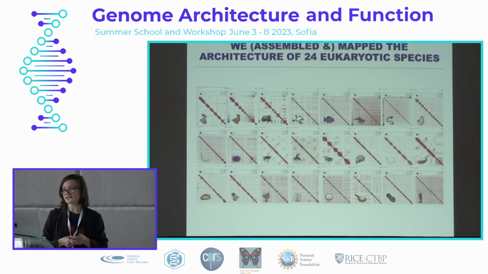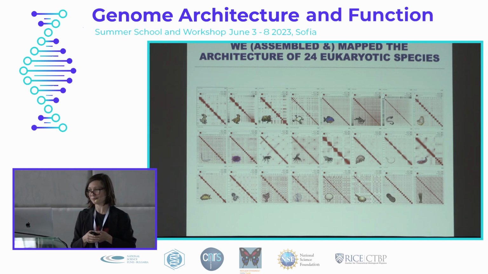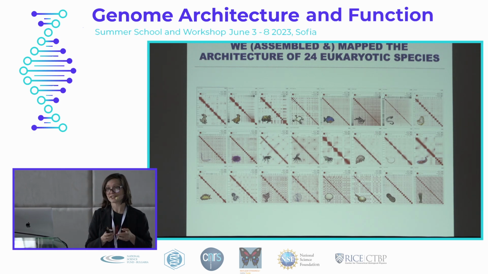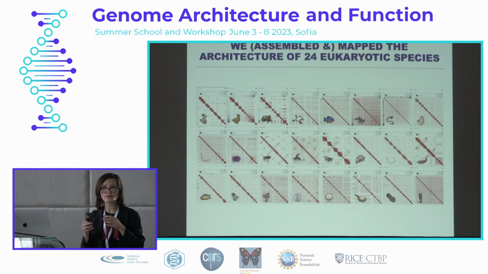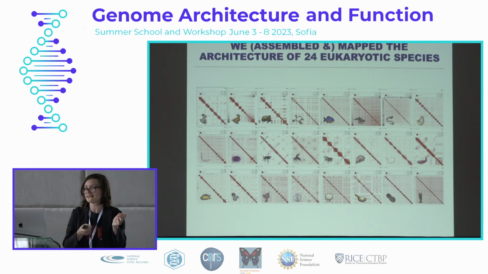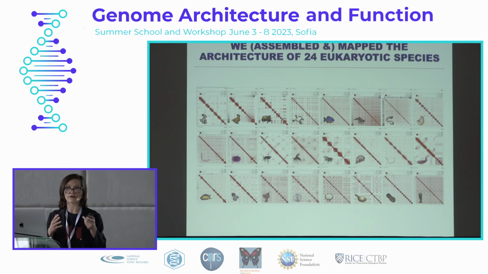What we saw was kind of an embarrassment of riches, a whole collection of very different maps that were very difficult to interpret because they had different chromosome sizes. Some had a lot of interchromosomal contacts, some had little. It was very difficult to interpret. It was clear that we weren't going to get anywhere until we developed some kind of common approach to compare.